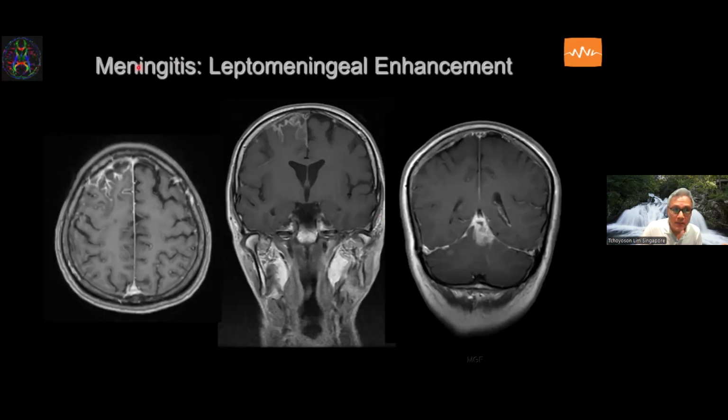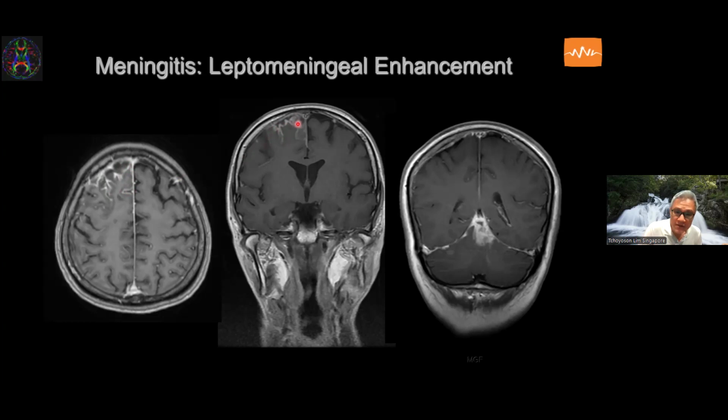leptomeningeal abnormality. So when there's infection and inflammation of the meningeal surfaces, we usually see leptomeningeal contrast enhancement, which is reflected as gyriform curvilinear enhancement of the leptomeningeal surfaces.